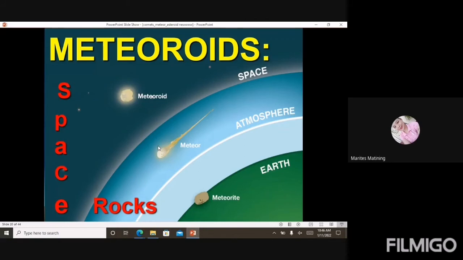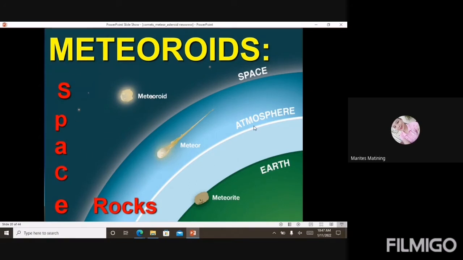But when this meteor reaches the Earth's surface, bumagsak na siya mismo doon sa Earth's surface natin, ang tawag na natin sa kanila is meteorite. Okay, so that's the difference between meteoroid, meteor, and meteorite. Something to do with their location.